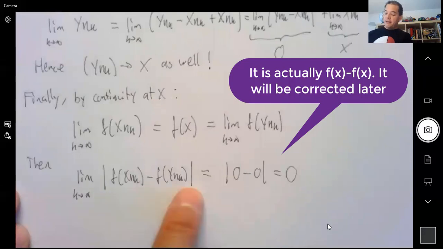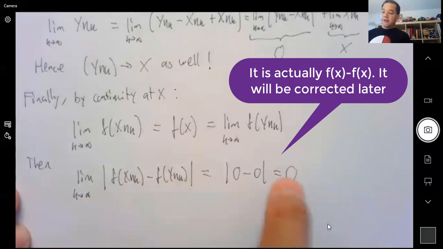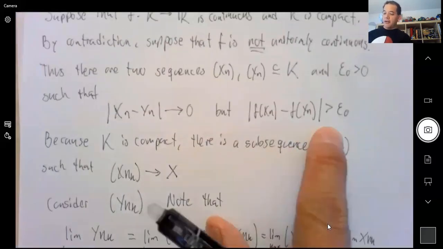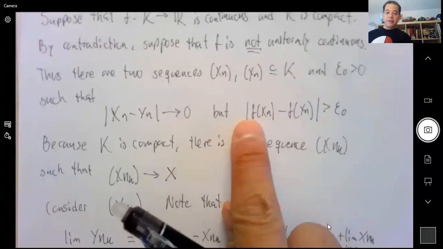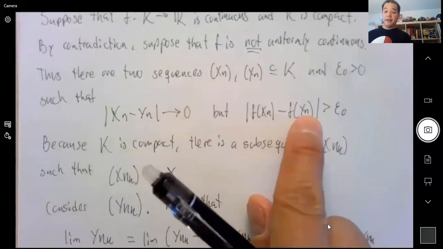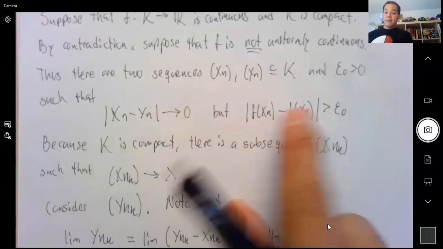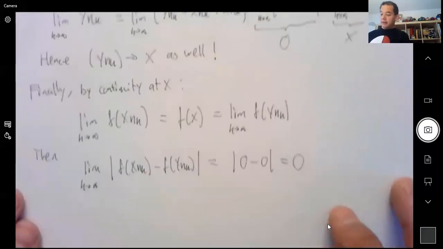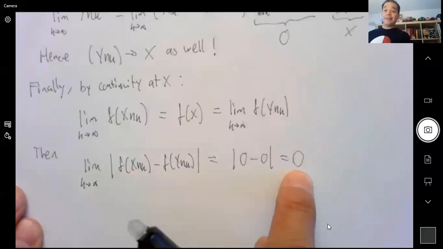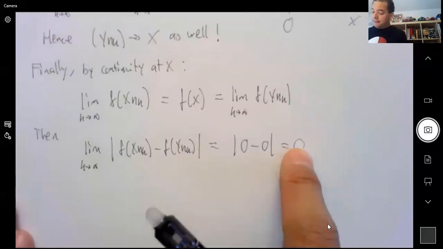Because we're saying that these two numbers get closer, as close as you want, right? The limit of this is 0. This directly contradicts this statement over here, that our sequences x_n and y_n were separated. Remember that? They're separated. And how can they be separated if their difference is going to 0? So that is a contradiction.